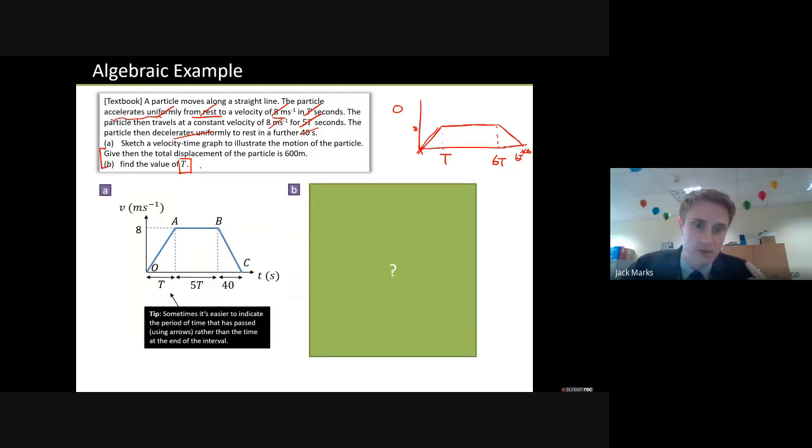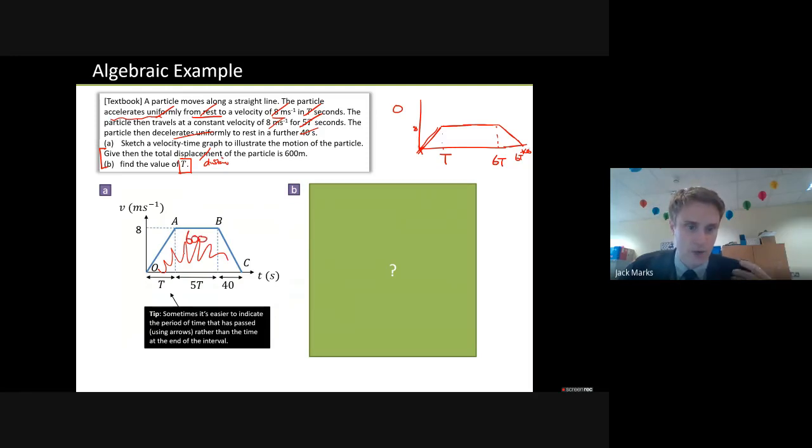Given that the total displacement of the particle is 600 meters, well, what part of the graph is that? Again, we're only traveling in a straight line here, no back and forth. So that displacement is the same as the distance. We're actually talking about the area under the graph that is equal to 600.